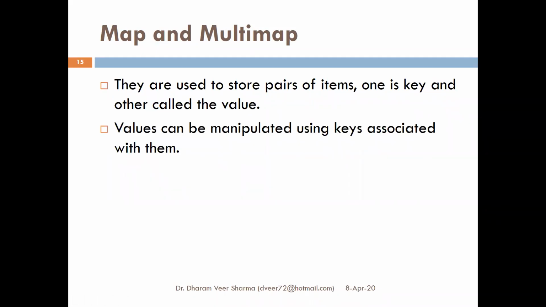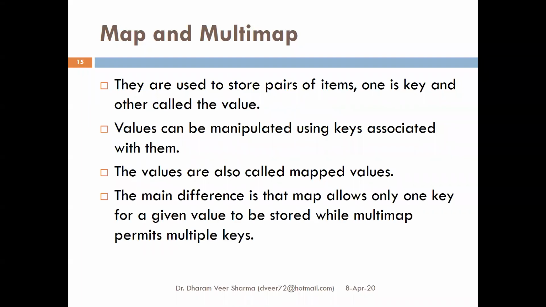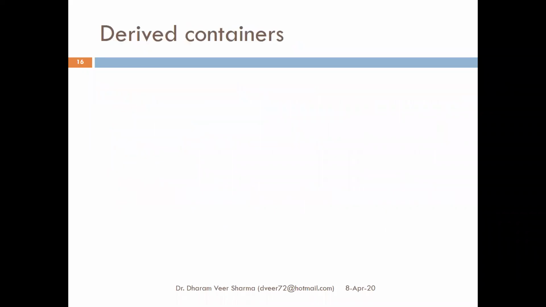Values may be manipulated using the keys associated with them. The values are also called mapped values. As I told you, with every data item, a key is associated. That's how they are differentiated. A simple map will allow only one key, whereas a multimap will permit use of multiple keys.